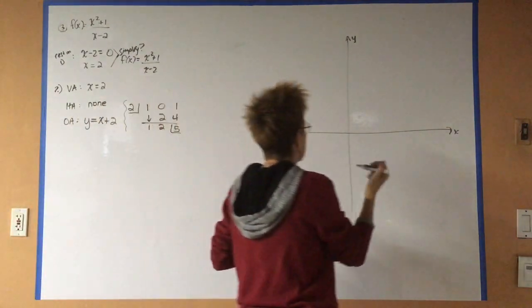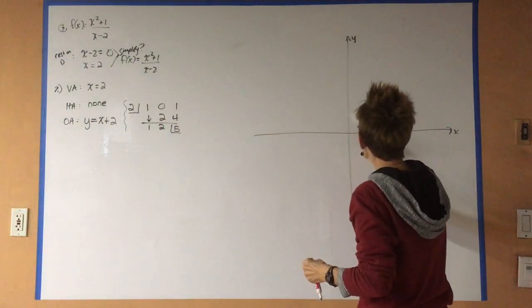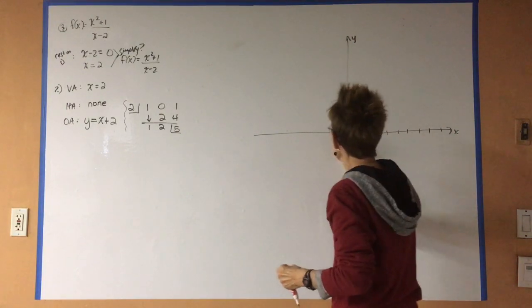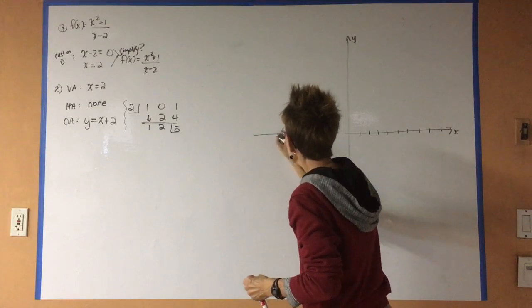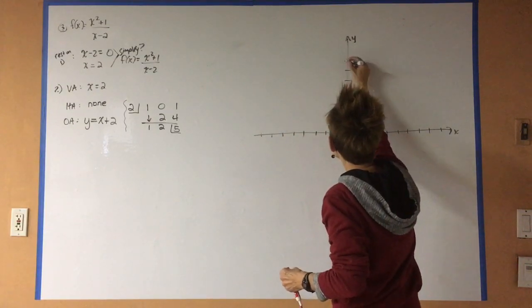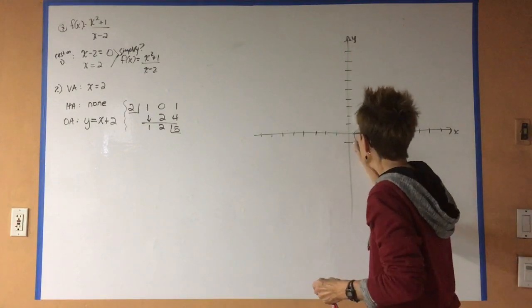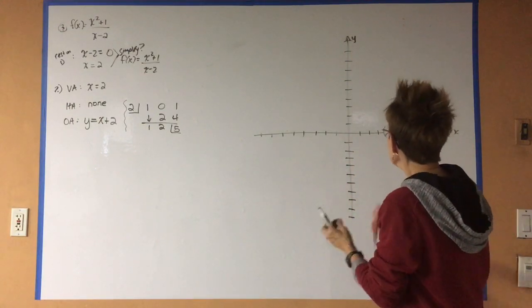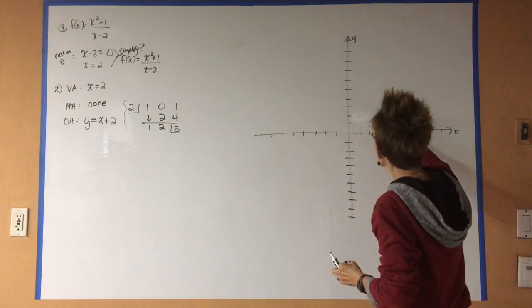So I've got 10 either way. So x equals 2 is the vertical asymptote.